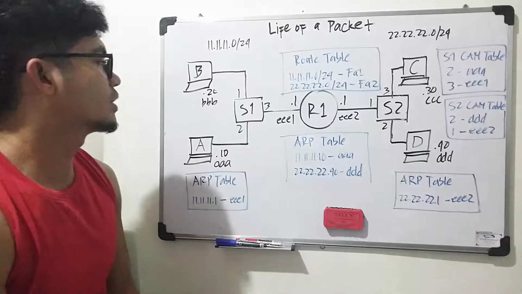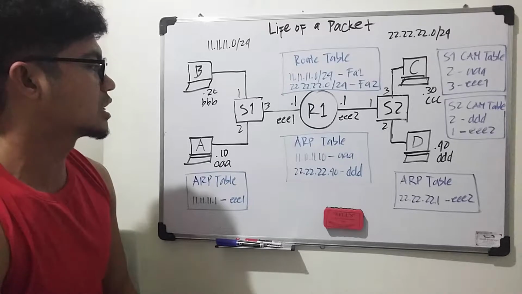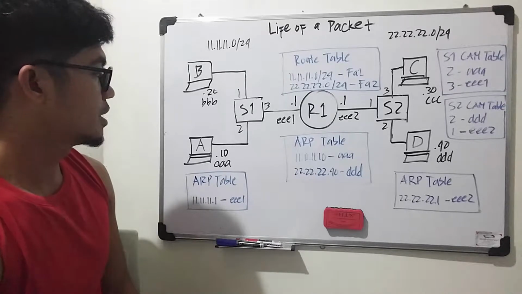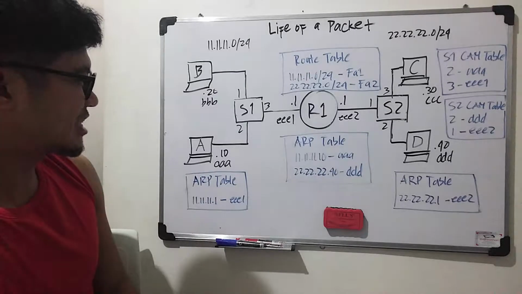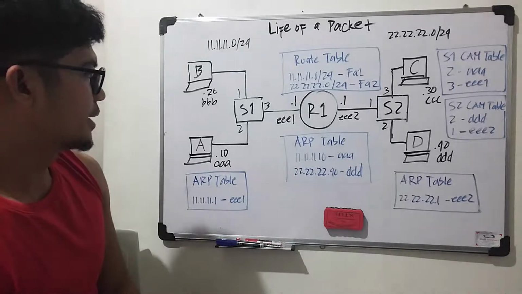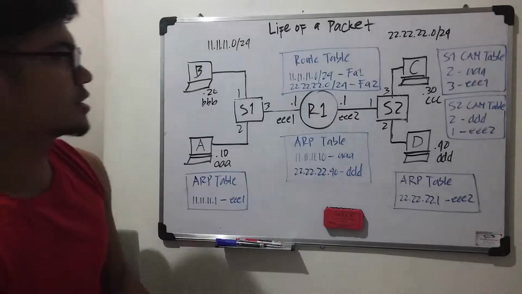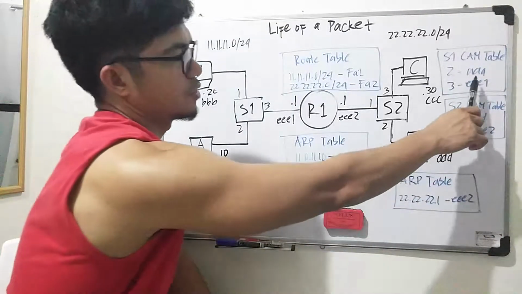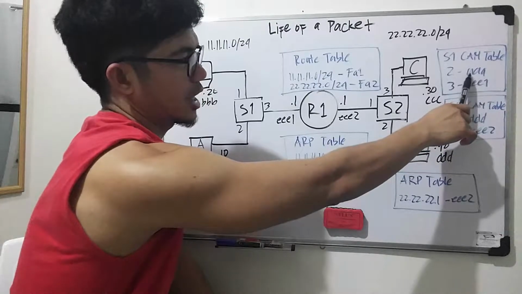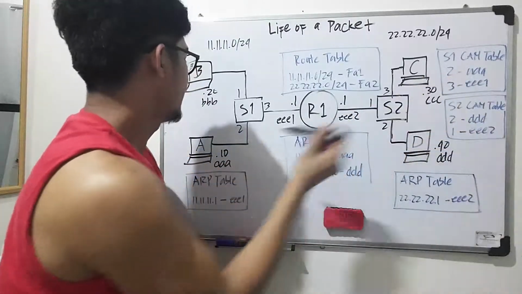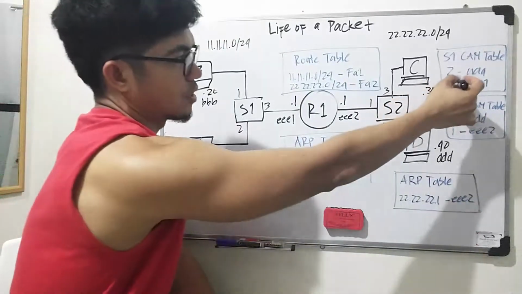And what switch 1 is going to do is update its MAC address table. As you can see here, this is the switch 1 MAC address table. So this MAC address lives on port 2.